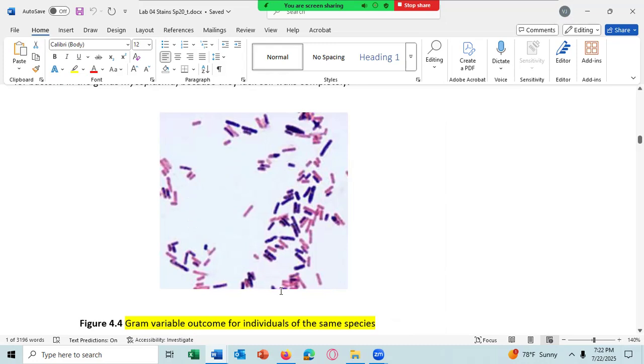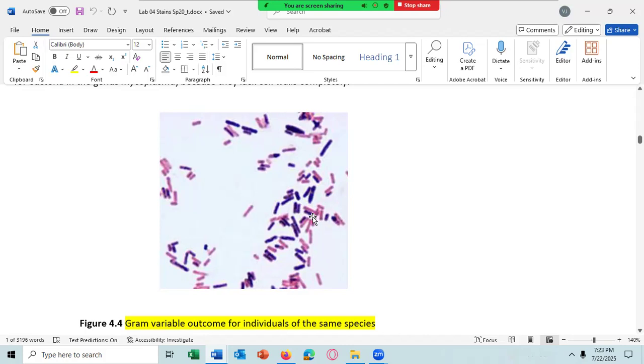So all the ones that are staining gram negative are probably dead or dying cells. There might be some that are dying, so all the dead ones are probably gram negative, yes. Okay. But some of them may be dying cells. Like that one there looks pretty good. It might be dying.